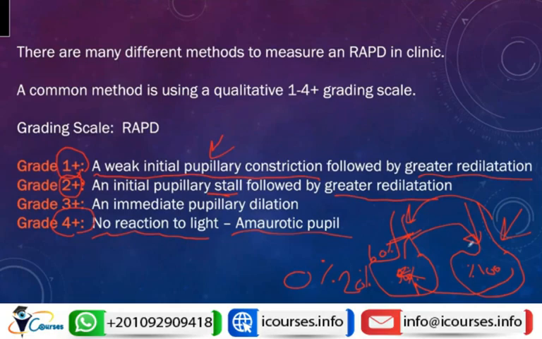But let me tell you something, this is a matter of comparison, meaning that when you are not doing a swinging flashlight reflex and you are shining the light directly into the right eye in the first place, you can see some constriction. So you may be mistaken and say that there is no relative afferent pupillary defect.